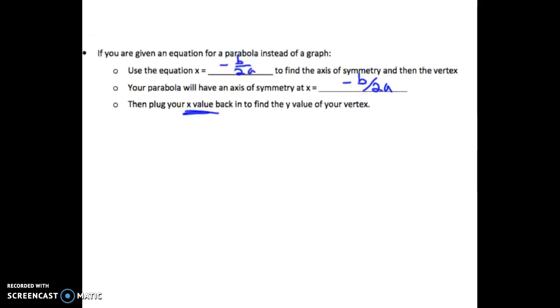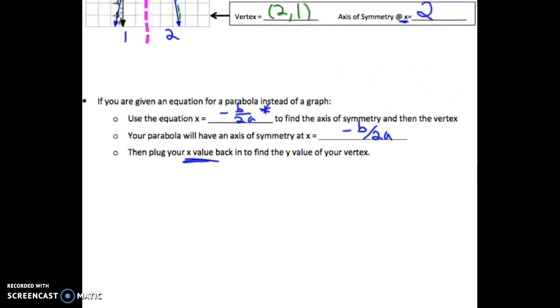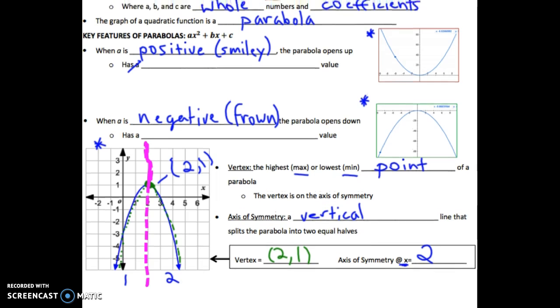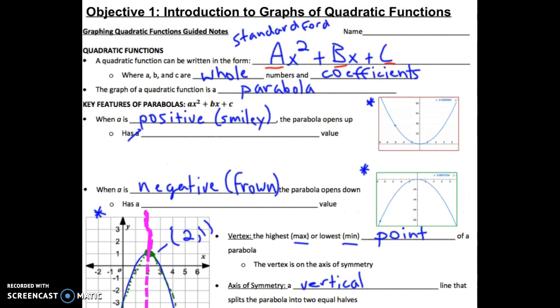This equation is incredibly important because it's used to find the x value of the vertex. I would go ahead and write this equation way at the top of your notes. I don't necessarily have room in this video, but I would write it at the top of your note sheet, and I'll provide room for that.